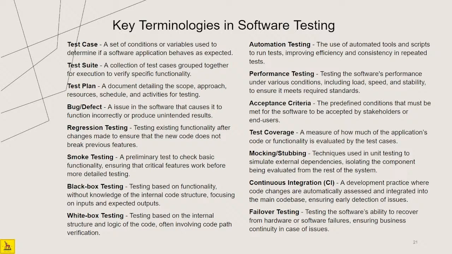Here are some key terminologies in software testing. These are provided by some of the resources that were provided on the individual assignment PDF. We have our test case, to set a condition or variable to determine if a software application behaves as expected.